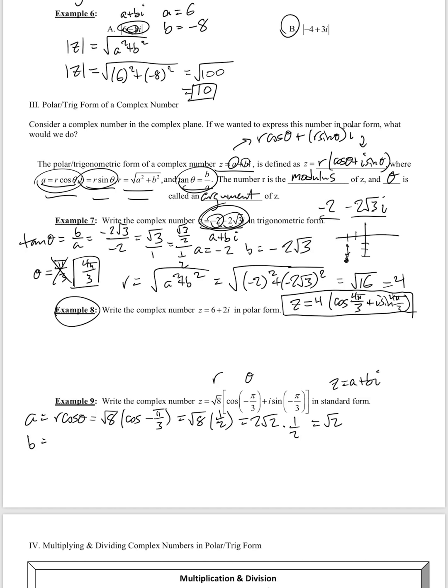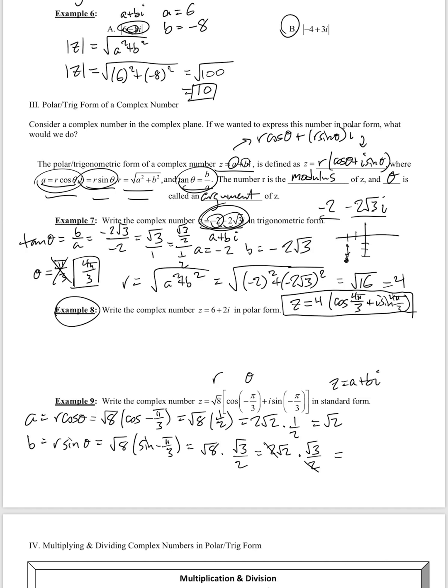b, using our other formula, is r times the sine of theta, square root of 8 times the sine of negative pi over 3. Sine of negative pi over 3 is square root of 3 over 2. Okay, now we said square root of 8 is 2 times the square root of 2. 2's cancel. I can multiply those radicals together.